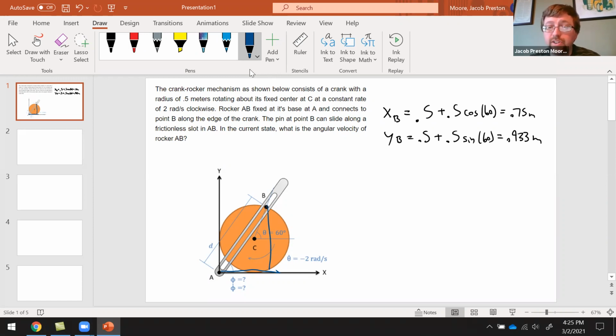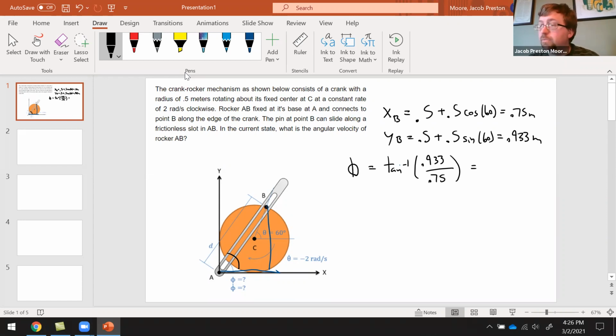The inverse tangent, tan -1 of opposite 0.933 over adjacent 0.75 gives me the angle phi, which is going to be 51.21 degrees. So that's the first part of the problem. I figured out angle phi.